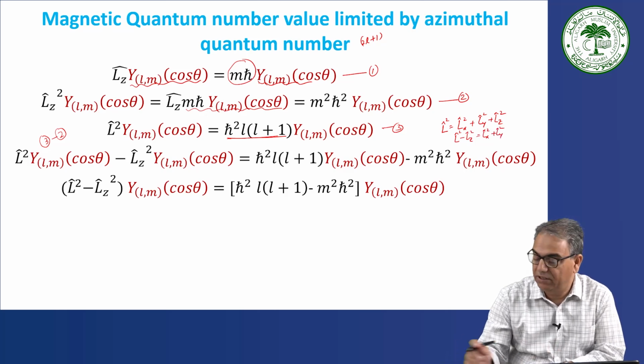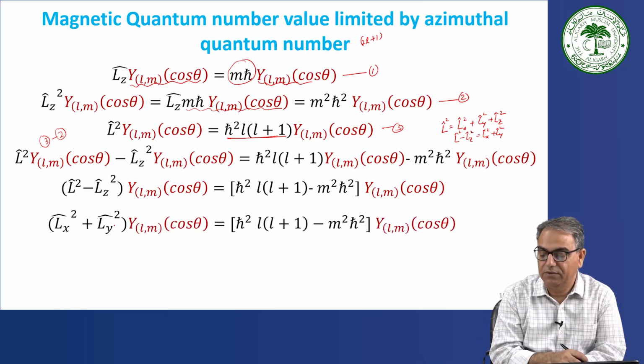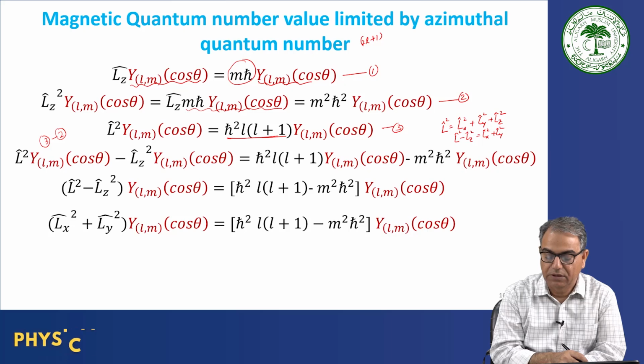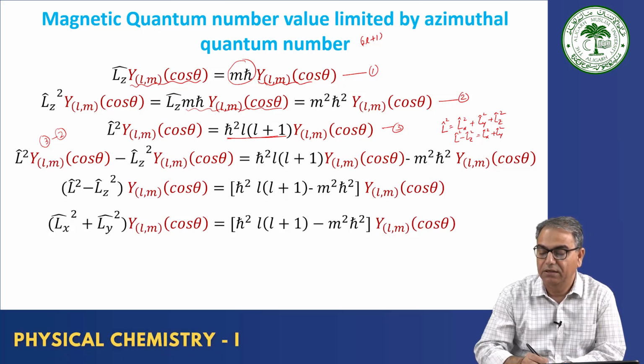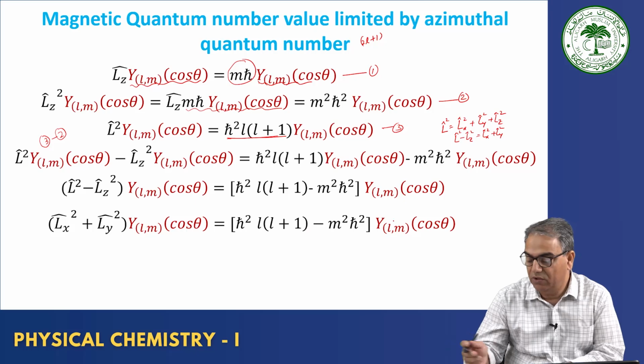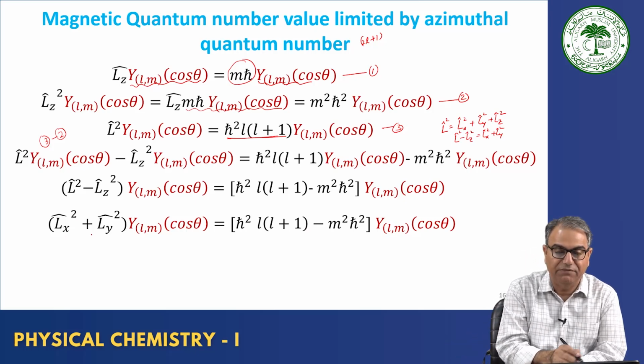So you replace this L² minus Lz² by Lx² plus Ly². Ylm(cos θ) will remain there, and the rest of the thing is same. You can bring ħ² also outside, but anyway it doesn't matter. So you have Lx² plus Ly².